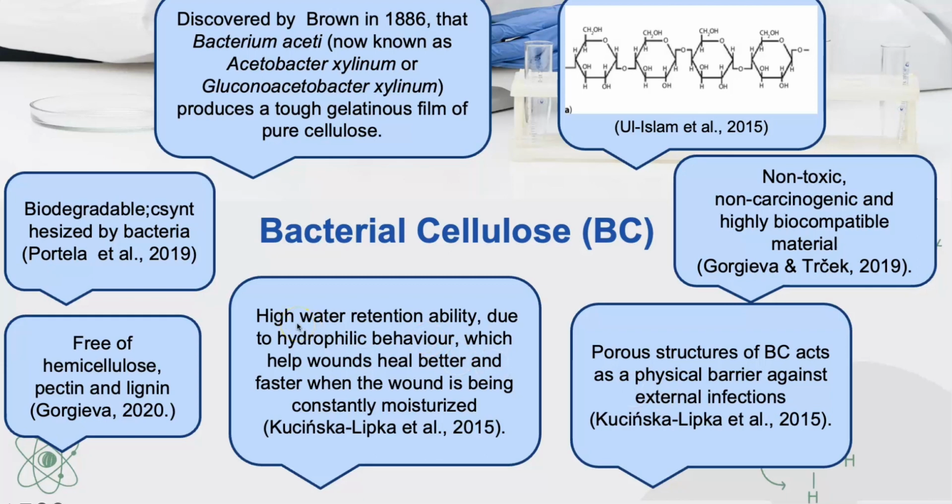Also BC has high water holding capacity or water retention ability due to its hydrophilic behavior. That will help the wound heal better and faster when the wound is constantly moisturized. And again, bacterial cellulose is free from hemicellulose, pectin, and lignin.